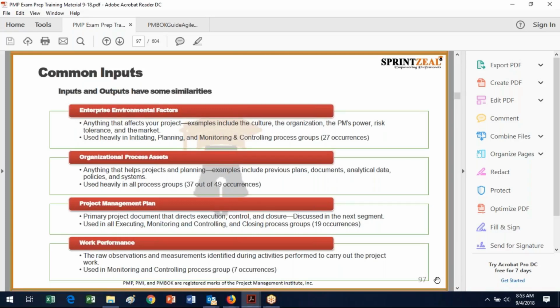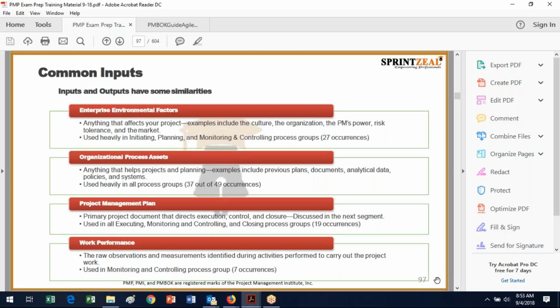And then other common inputs are the project management plan. Obviously, the project management plan is the overall spine of the project documentation. So you could say that all of the plans for the 10 different knowledge areas are separate plans, and because we're talking about a large, long-lived, distributed, multi-million-dollar project, they probably are separate books, but really they're subcomponents of the overall project management plan.